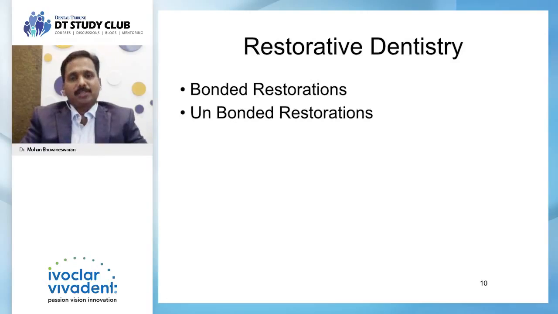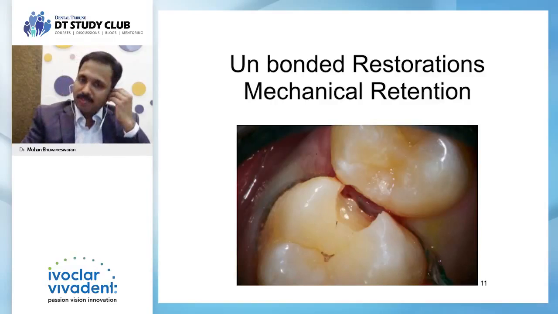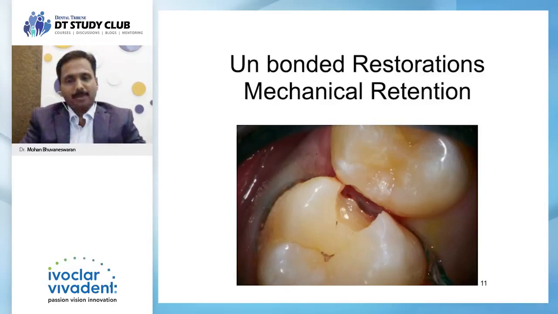When talking about unbonded restorations, it was primarily revolving around silver amalgam, and cavity preparation played a major role. It basically revolved around carious lesions. When carious lesions are there, we need to prepare a cavity and restore them.